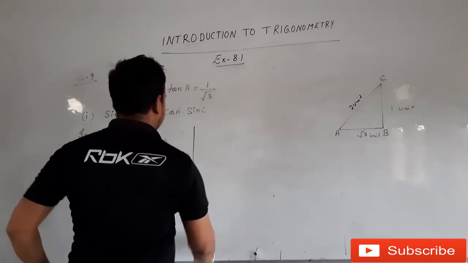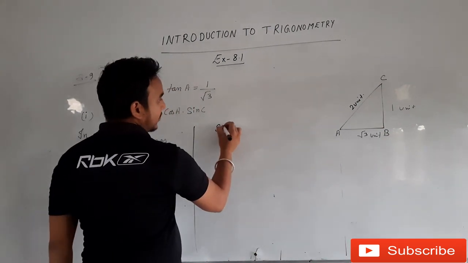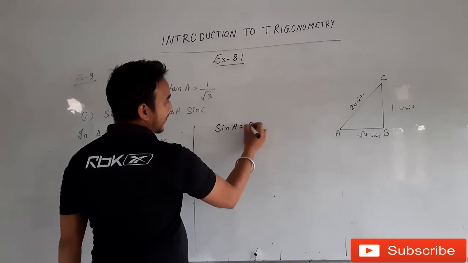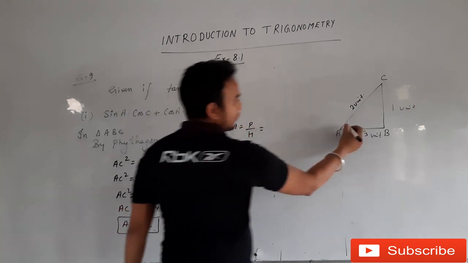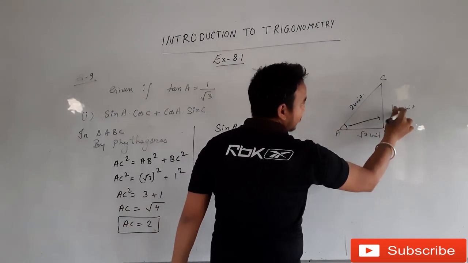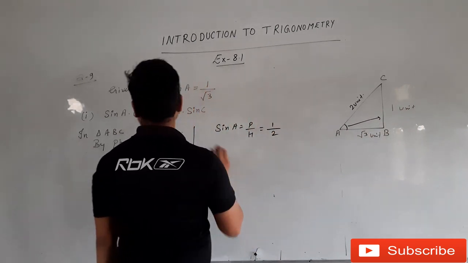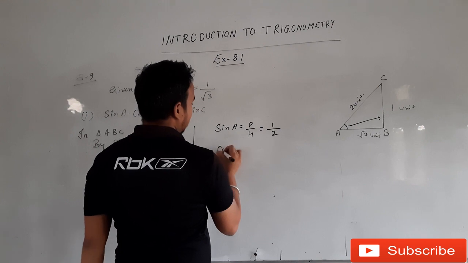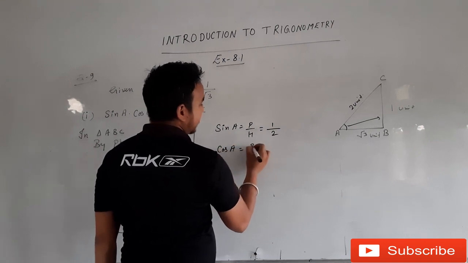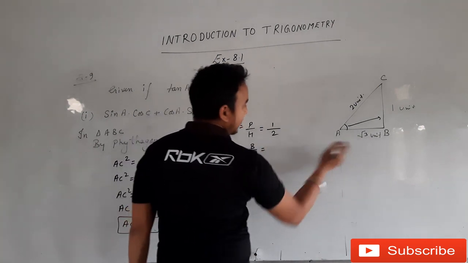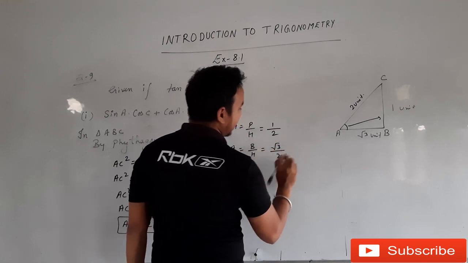Now we need sin A. For sin A, we know that it is P by H. Talking from here, it will be the perpendicular and this will be the hypotenuse. For cos A, it is B by H, this will be under root 3 by 2.